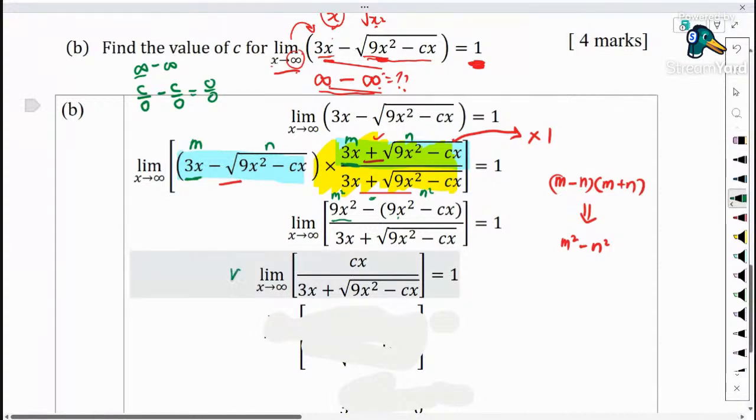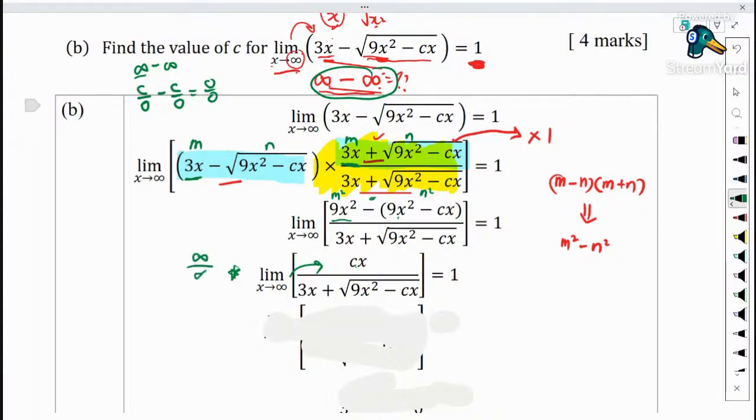And reaching this moment here, if you try to do direct substitution of the infinity inside, you no longer see infinity minus infinity, but you meet another situation, infinity over infinity.